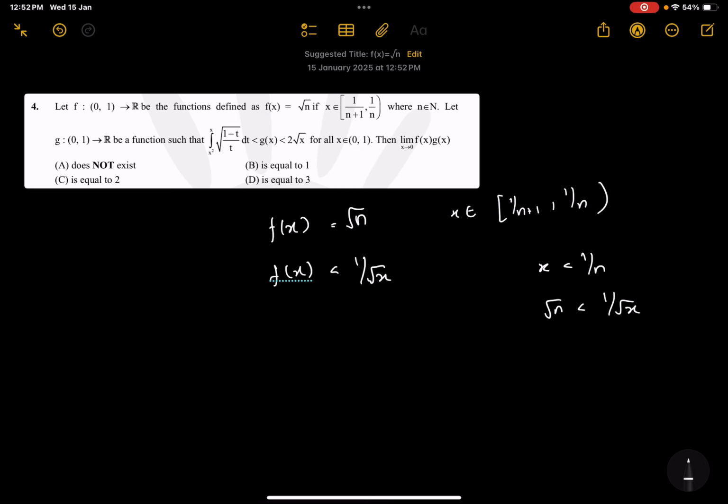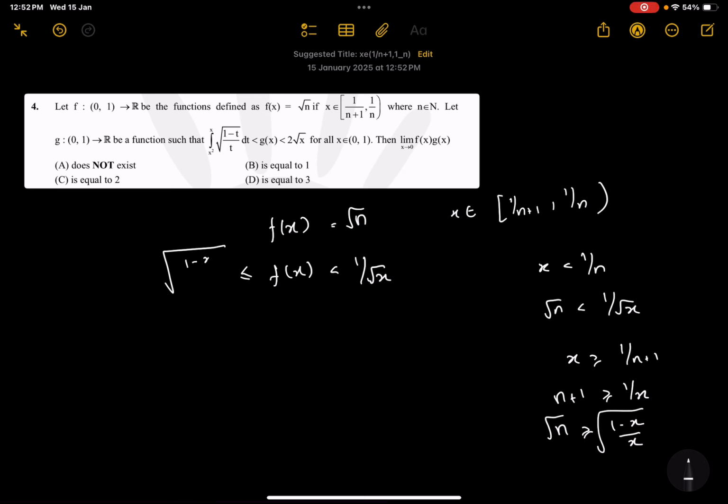We are given x greater than or equal to 1 upon n plus 1, which gives us n greater than or equal to 1 minus x by x, which gives us root n is greater than or equal to root 1 minus x by x, and thus fx is greater than or equal to root 1 minus x by x. So we have a bound for fx in terms of x.